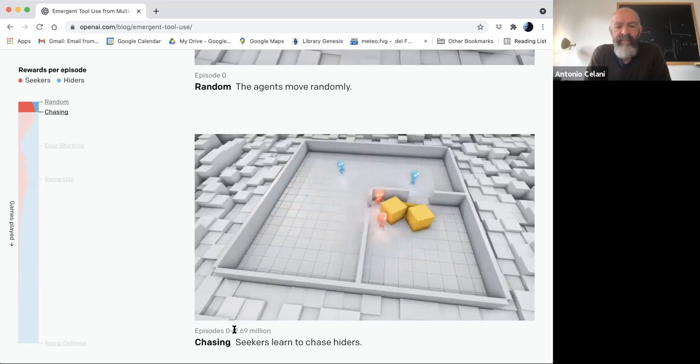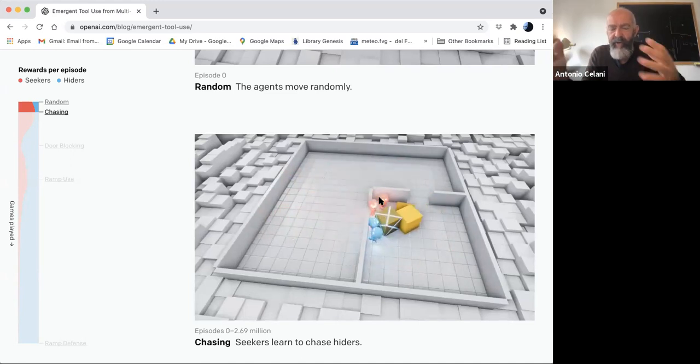After this phase, eventually the seekers learn to chase the hiders. So they have learned that the kind of actions that they have to do is to direct themselves towards the position where the hiders were starting. There are all sorts of details here to make the game non-trivial, in the sense that, for instance, the hiders are given a 5 second grace period before the seekers start to look for them.